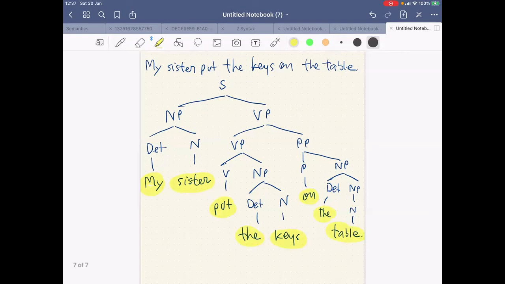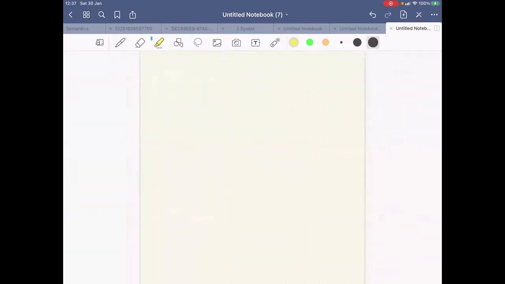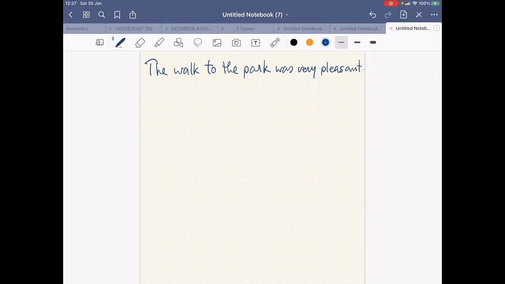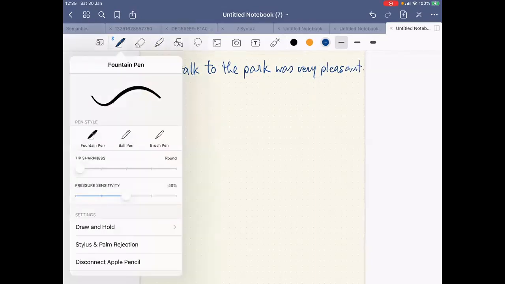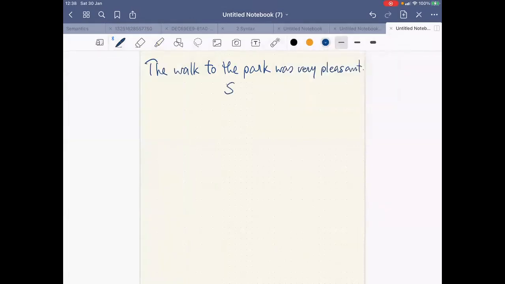Now, sentence number 4. The walk to the park was very pleasant. Okay, so just like usual, we start with the S, where we have NP and VP.